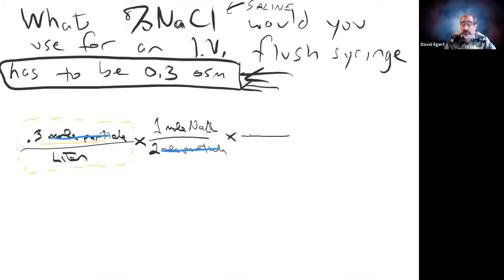If we're in the classroom, I normally go up to the periodic table, but in the interest of time, I'll just say it's 58.5 grams per mole of NaCl. Again, think about what goes on the top and bottom so things cancel properly. I'm going to need my moles on the bottom. 1 mole NaCl is going to be 58.5 grams of NaCl.